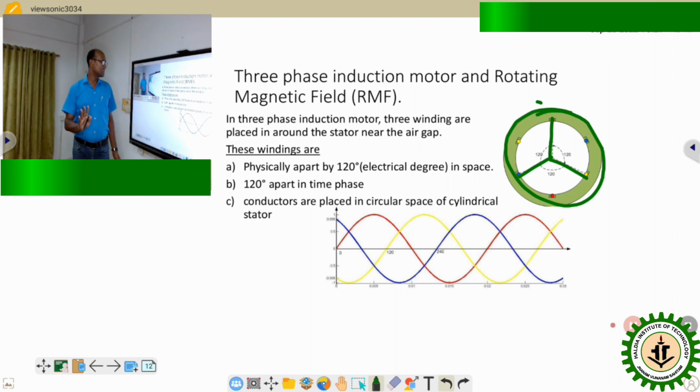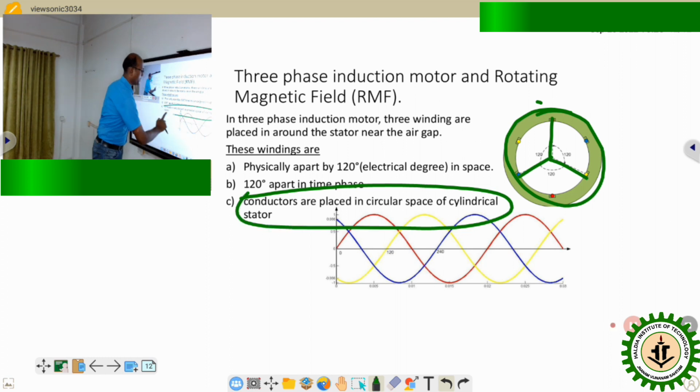That is the main criterion for generating a rotating magnetic field, which is not present in a transformer.